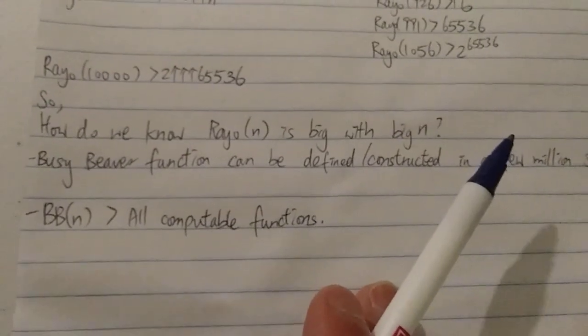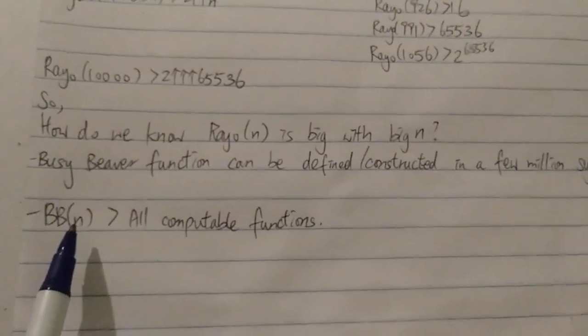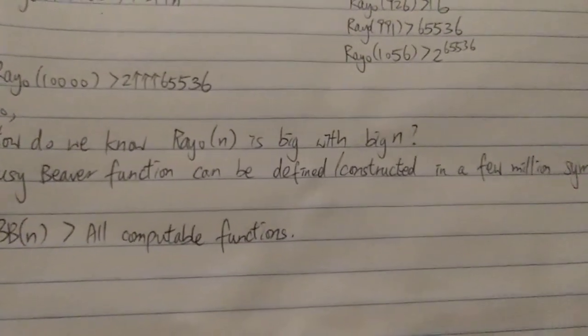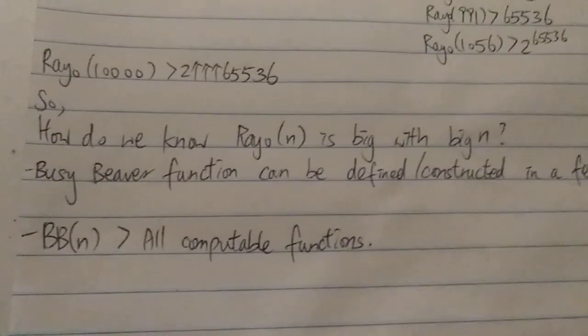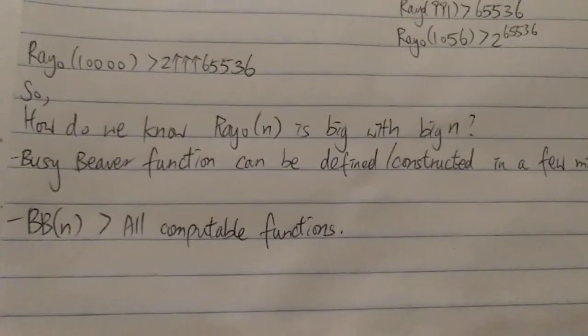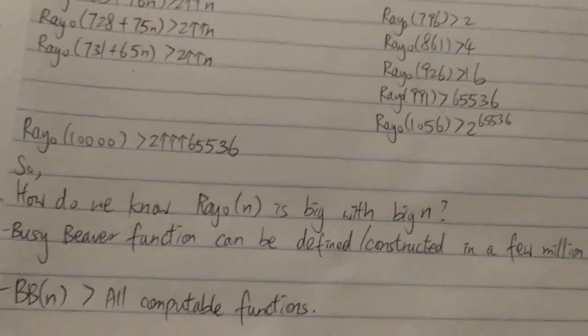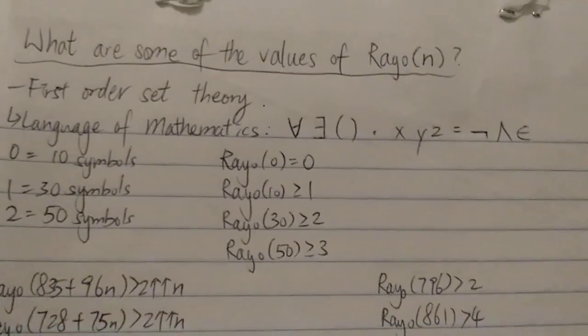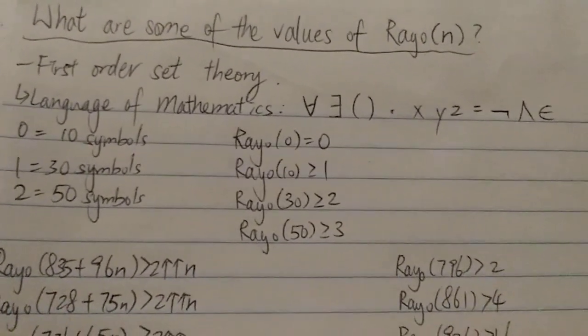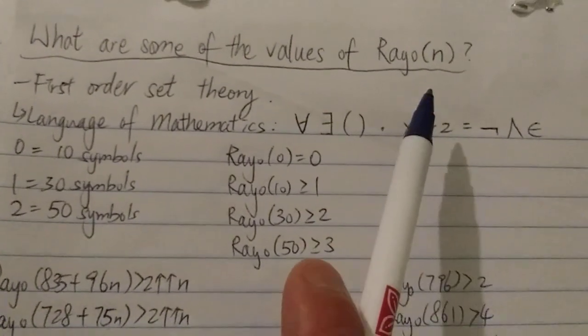So at the end, the more symbols you use, the more powerful your function can get using the first order set theory. So that is the explanation, or some of the values of Rayo's number, and why it is so big if you're using very big N.